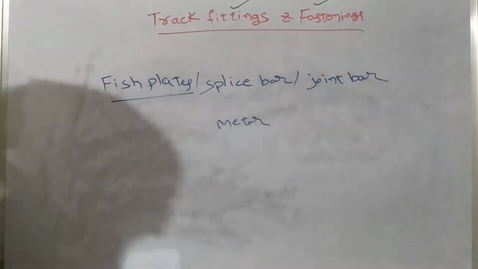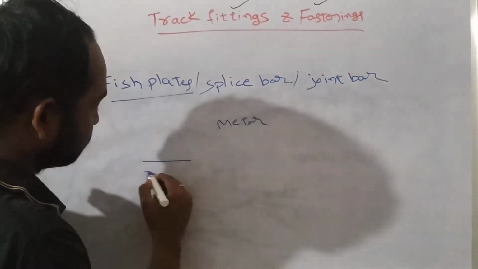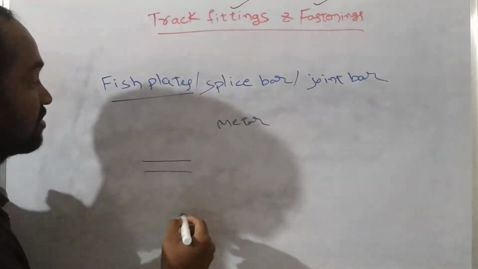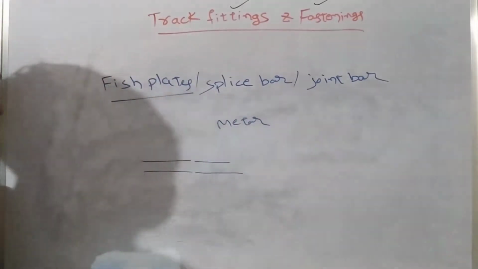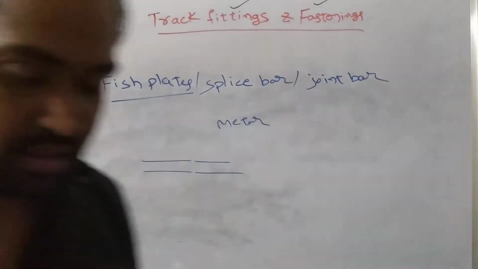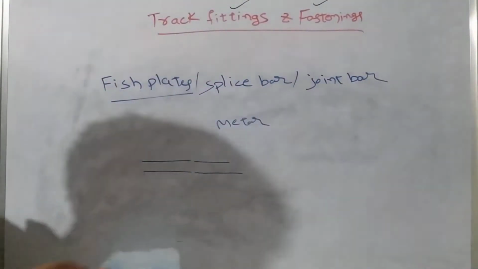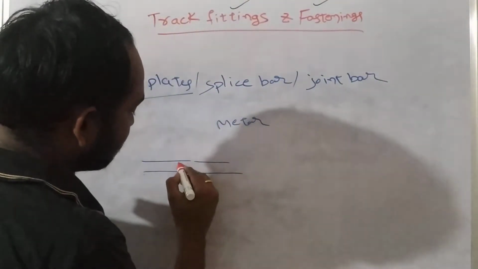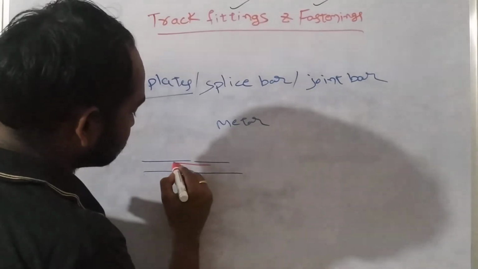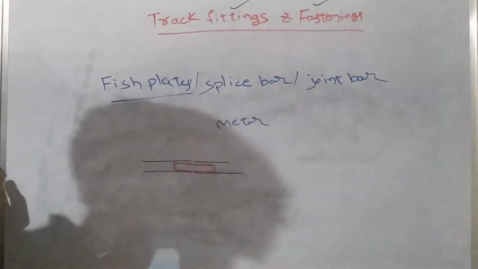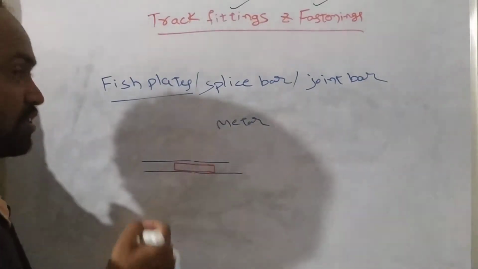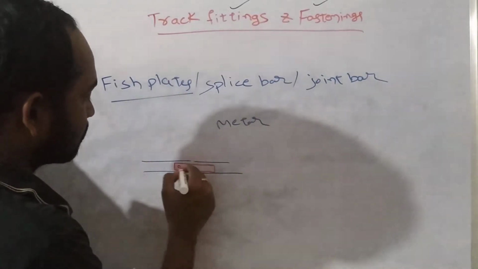So you can assume this is a rail section, and this is also a rail section. In this case, we can join these two rail sections by using a fish plate. It means the fish plate may be like this. Like this we can connect, and the rails and fish plates are joined to each other by using holes.